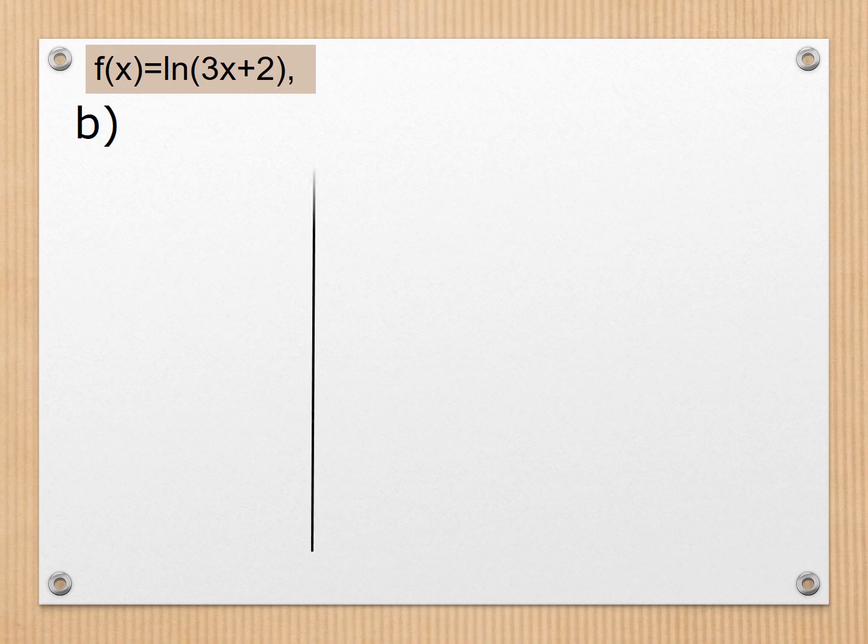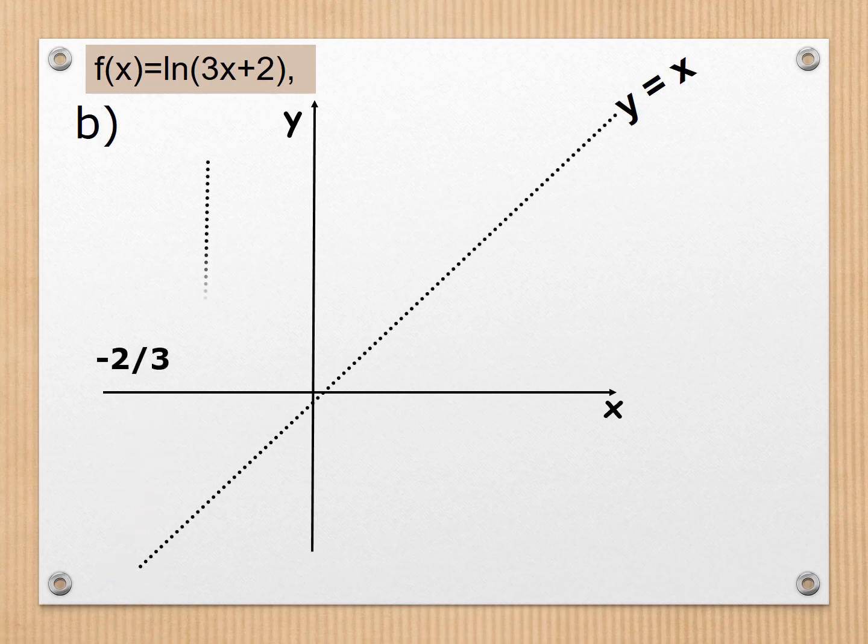So first we draw the x-axis, y-axis, and vertical asymptote x equals negative 2 over 3. And then f(x) has x-intercept x equals negative 1 over 3. And the coefficient in front of the logarithm is positive, so the graph is moving up. So the graph would be like this for f(x). The blue curve is f(x).